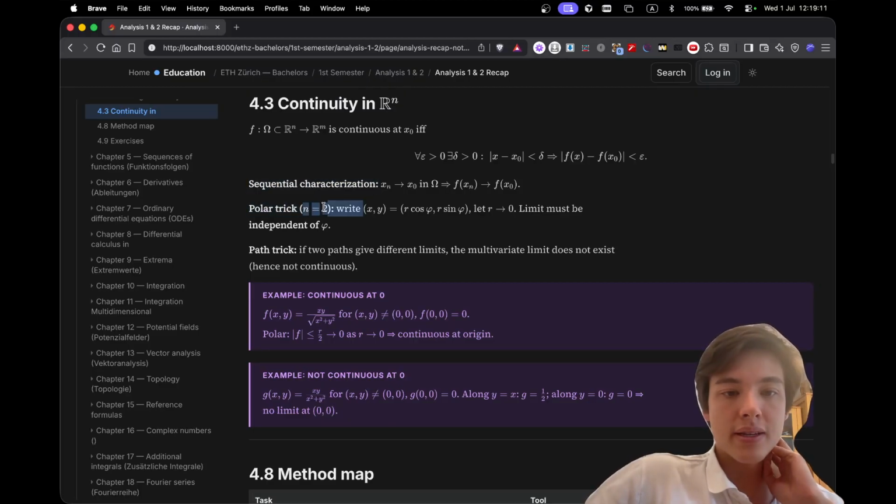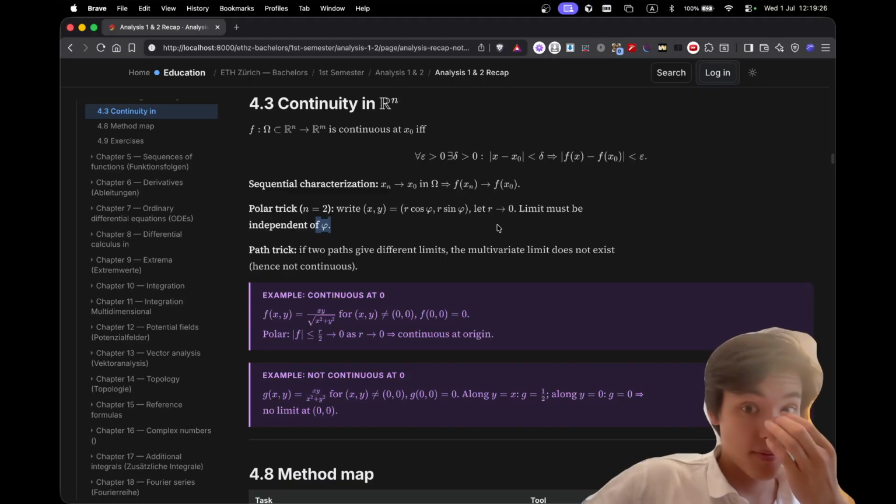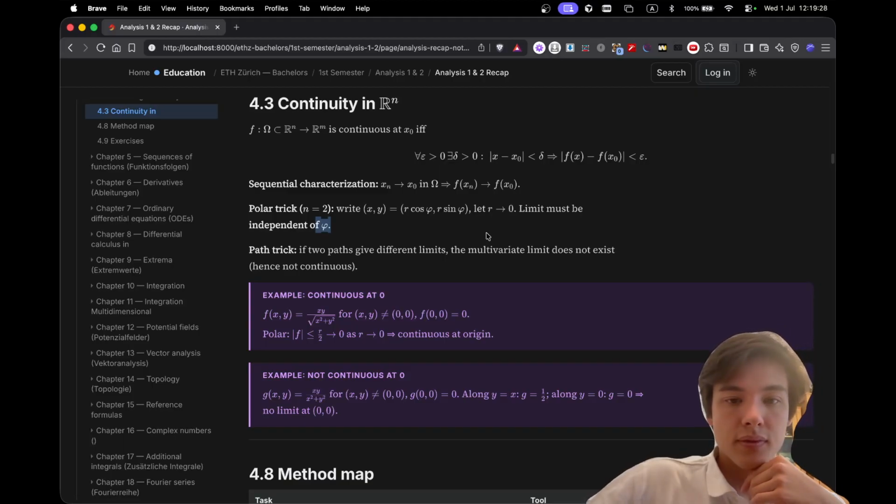Polar trick: we can convert to polar coordinates, and when we let r go to 0, the limit should only depend on phi. Makes sense. Sorry, the limit must be independent of phi.